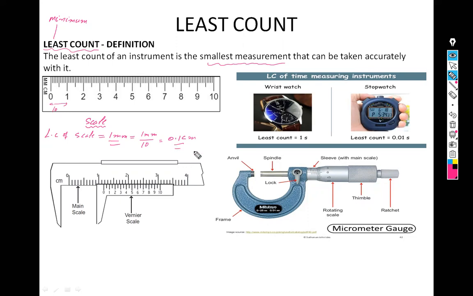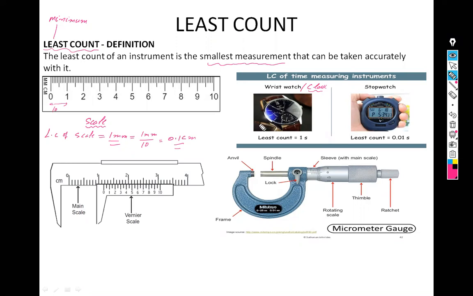Now look, least count of your wristwatch. You know that our clock, wristwatch, or your clock on wall. So how much minimum quantity we can measure with the help of this clock?